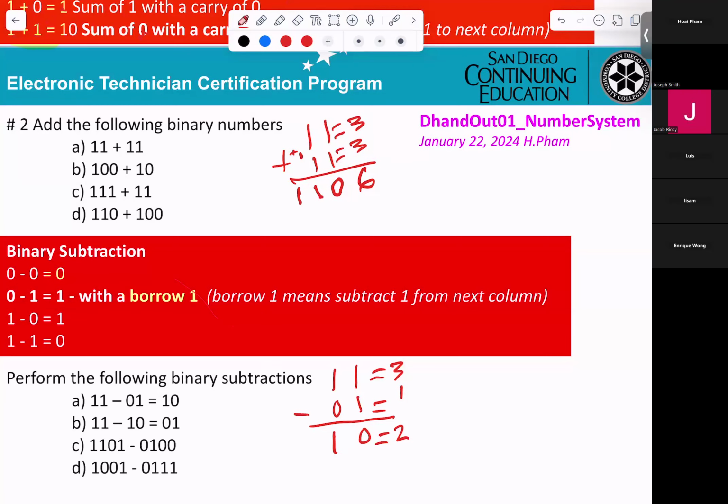Okay, we can see 1 1 0 1 minus 0 1 0 0. One minus 0, 1. 0 0 1 1.